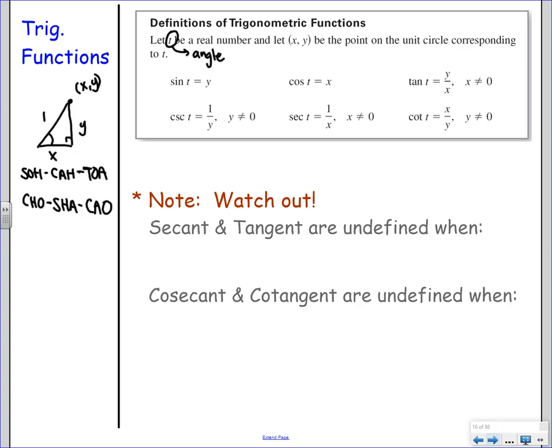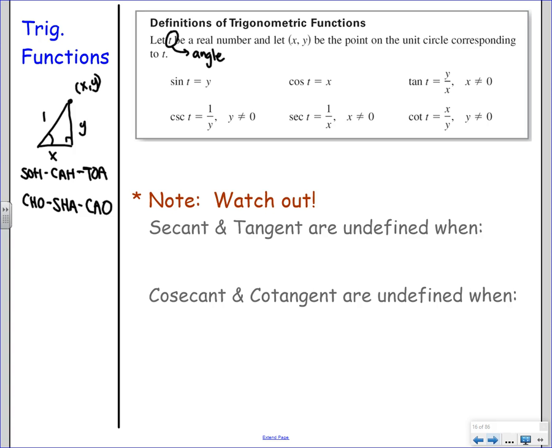Cosecant flips sine, 1 over y. Secant flips cosine: hypotenuse over adjacent, 1 over x, sorry. Cotangent flips tangent: adjacent over opposite. So some of you are just strict memorizing. Maybe these formulas will be helpful. For those of you that are more visual, maybe using the triangle and remembering something like SOHCAHTOA CHOA could help.